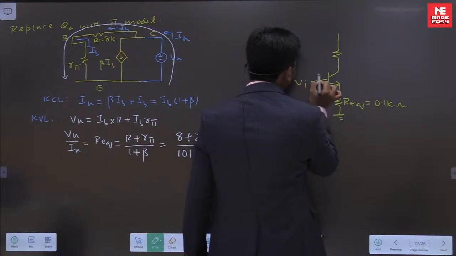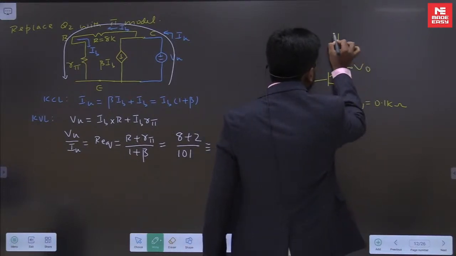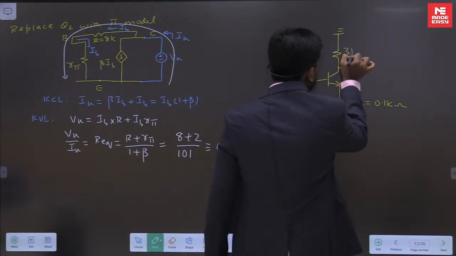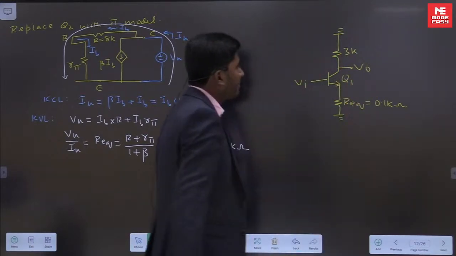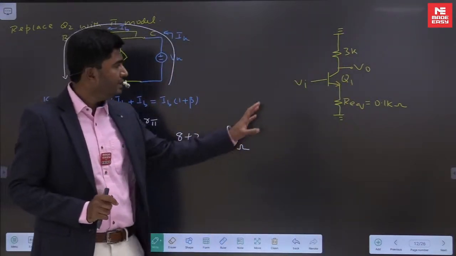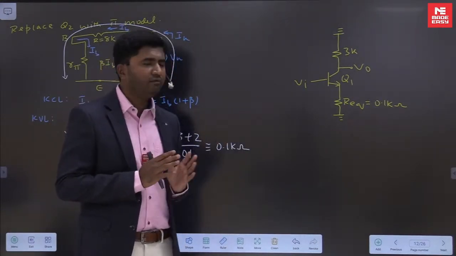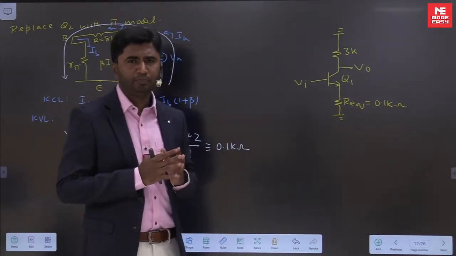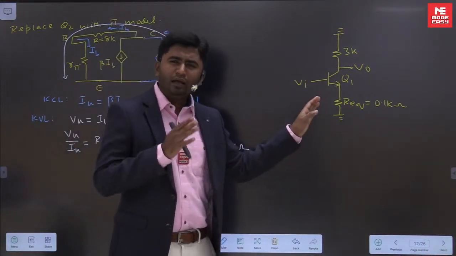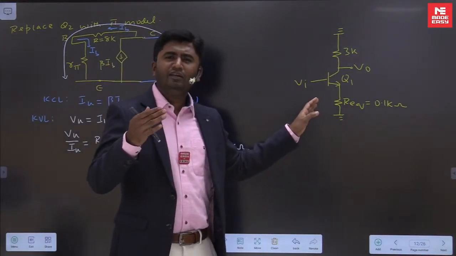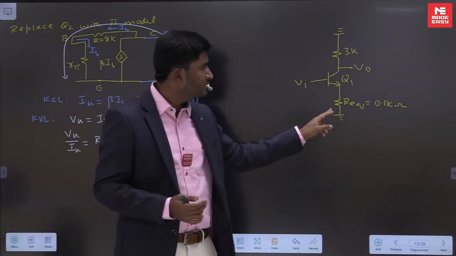This is your Vi. Here is V0. That given amplifier is redrawn in this way. Q2 is replaced with R equivalent. Now please observe, this is nothing but a common emitter amplifier with unbypassed emitter resistance.